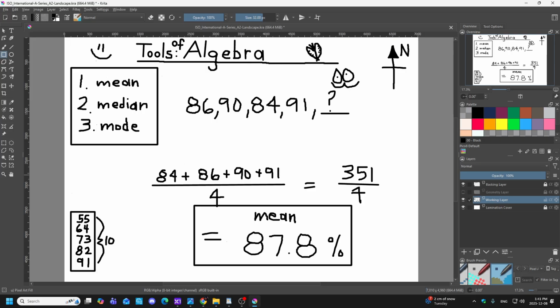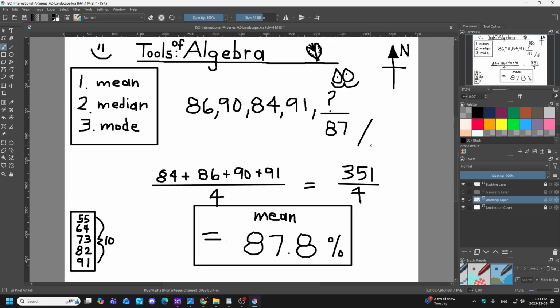But the question is, what test score must Bill earn on the fifth test so that his average, or the mean, we're just working with the mean, ignore the other two, will be exactly 88? Okay, so I could do it this way. I could start off with 87, and then add them all up and then divide the total by 5.